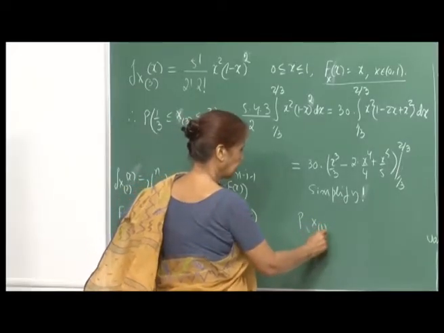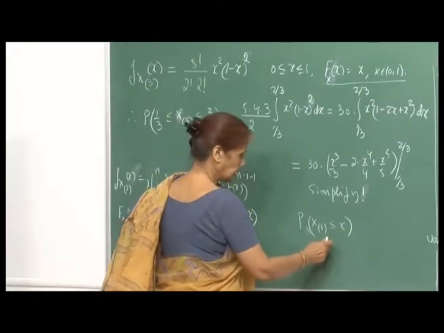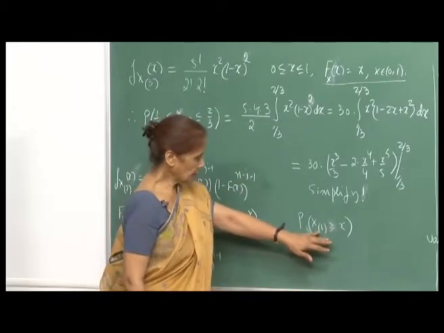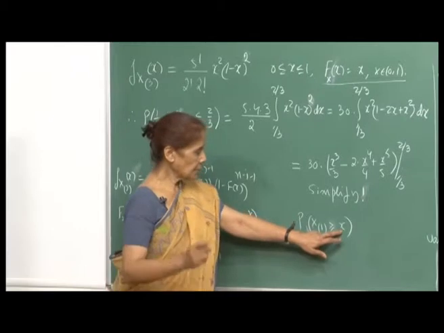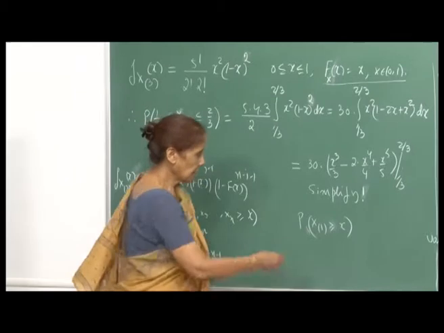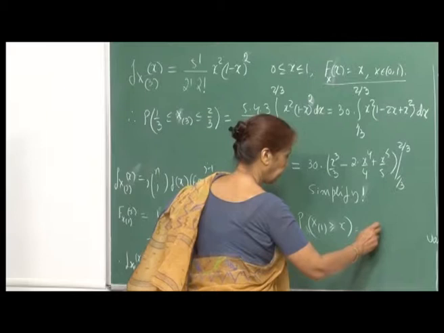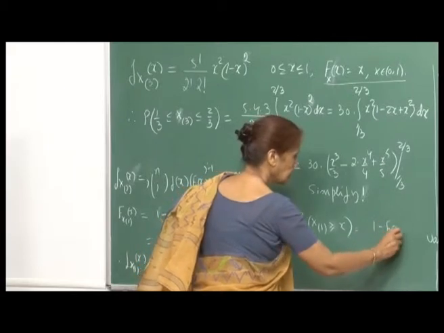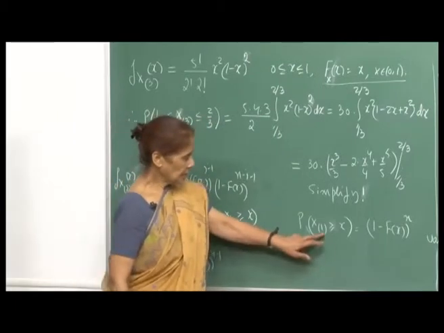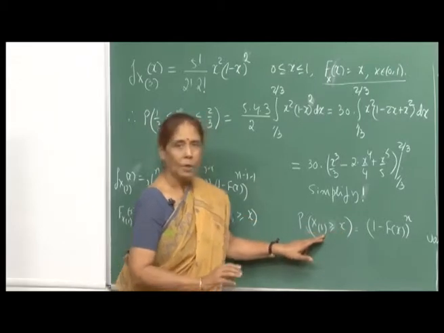X 1 less than or equal to x. So, I will look at the opposite event, which is greater than or equal to x. So, if the first order statistic is greater than x, this implies that all the sample values must be greater than or equal to x, right. So, this is equal to what? (1 minus F(x)) raised to n, right, because if the first order statistic is greater than x, since it is the smallest, all other values are bigger than x.